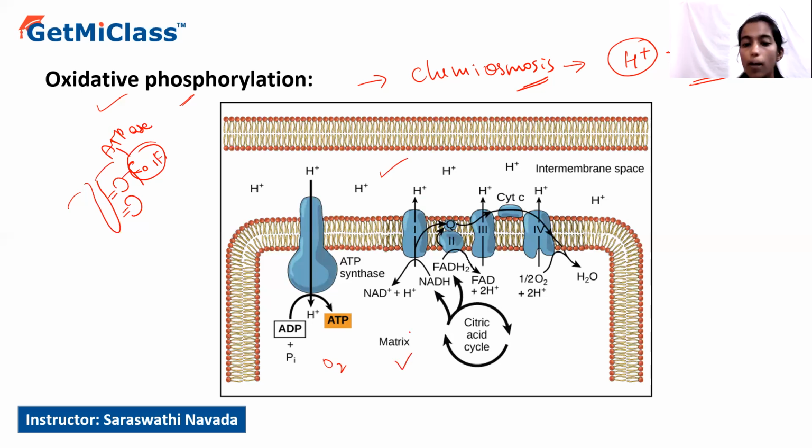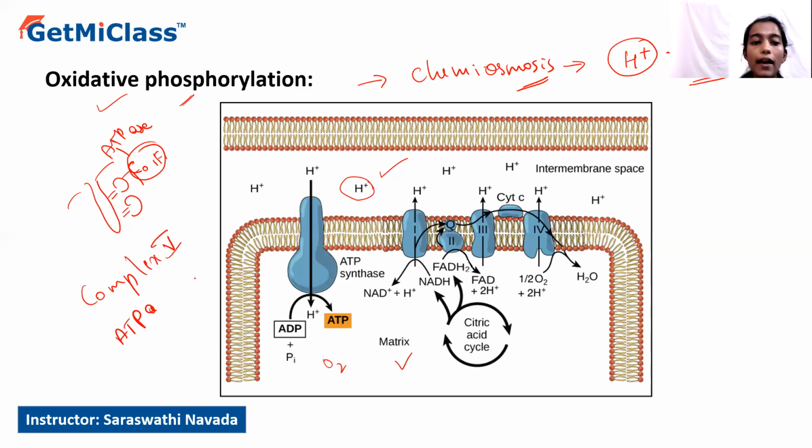So as a result, what happens? These hydrogen ions tend to come back to the mitochondrial matrix, but the problem is that the inner mitochondrial membrane is impermeable to hydrogen ions. It won't allow the hydrogen ions to pass through it. So in order to favor the movement of hydrogen ions, there is complex 5 associated with the inner mitochondrial membrane, called the ATPase enzyme complex.